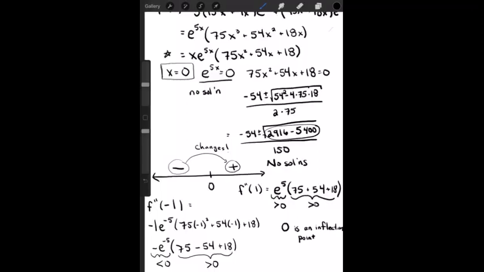It would also be an inflection point if it went from positive to negative. The key is that it changes. So if it had been negative and negative or positive and positive, then it wouldn't be an inflection point. But since it changes over, we know it's an inflection point.